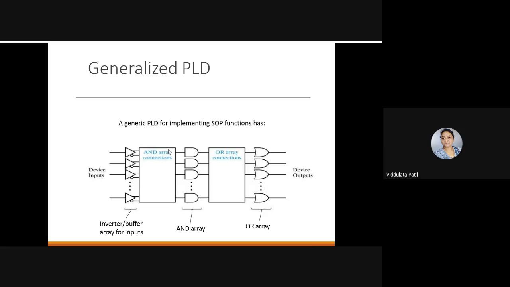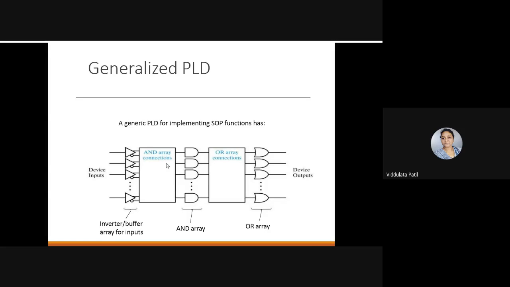Now the user can program these connections, and depending on the connections we will get a particular output. So depending on user specifications and requirements, we will get a particular output from this circuitry.